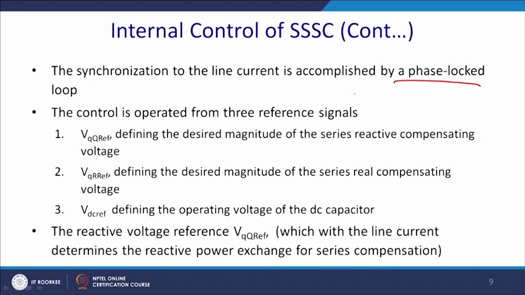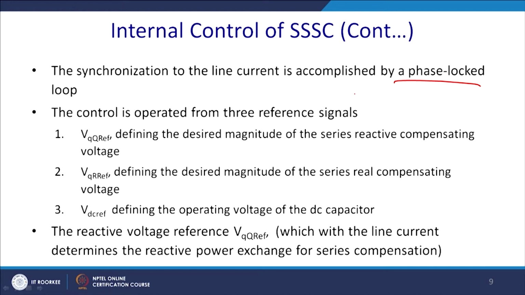So, there will be a little change in the control circuit and it will be more complex, since we have to give a measured value of VQ and alpha. So, the control technique will differ a little bit. The synchronization of the current is accomplished by a phase lock loop. So, we have to sense the current, and from there we will generate the phase lock loop.